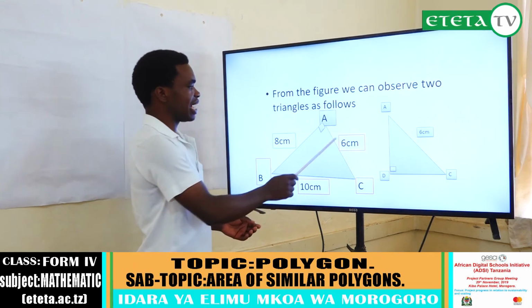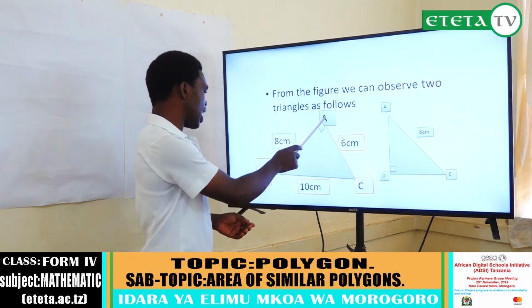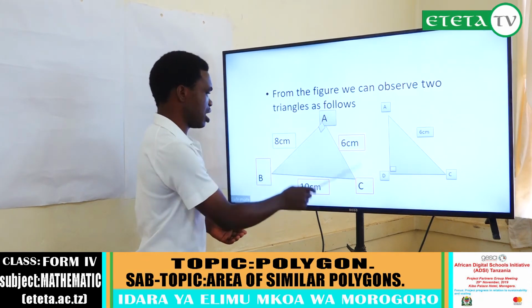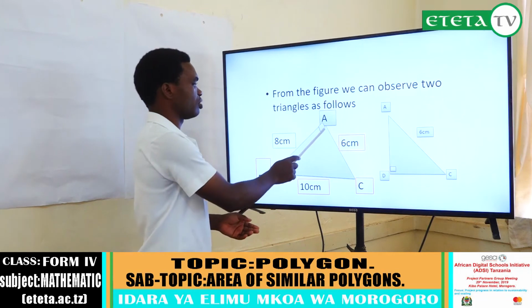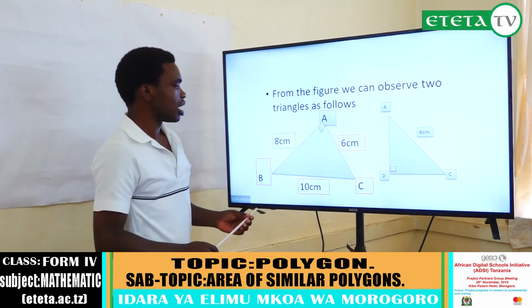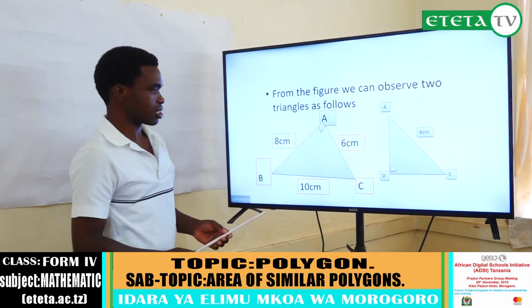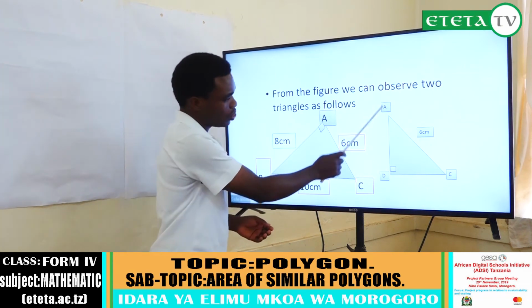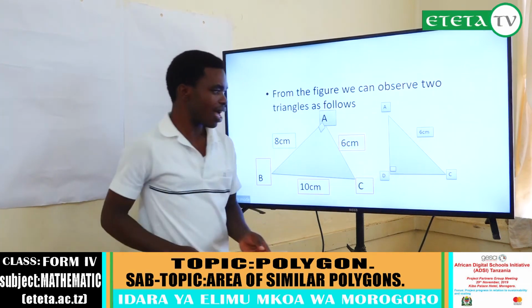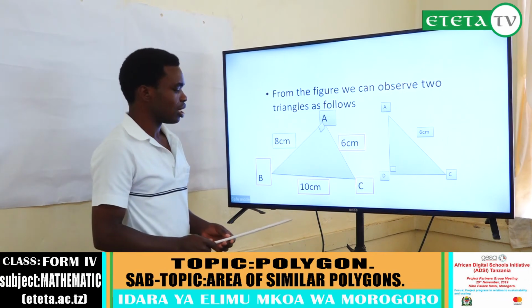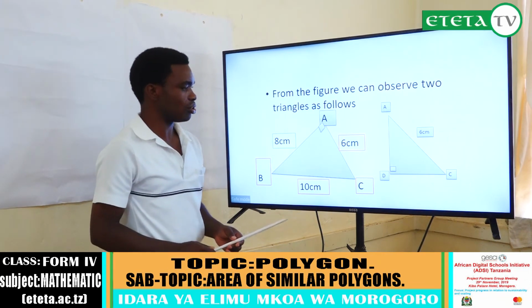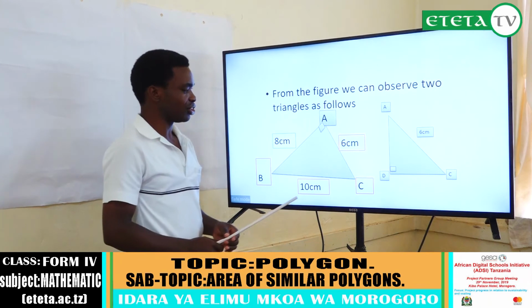We have been told that this angle, BAC, is a right angle. It is 90 degrees. And again, on this one, ADC, as I told you, we also have a right angle, which is also 90 degrees.